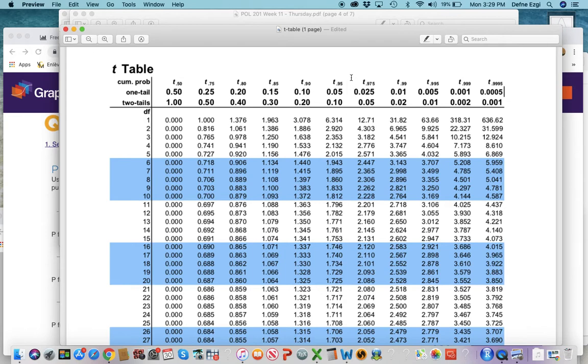So the area to the left of my sample, where the t-score is 1.78, is between 0.95 and 0.975.